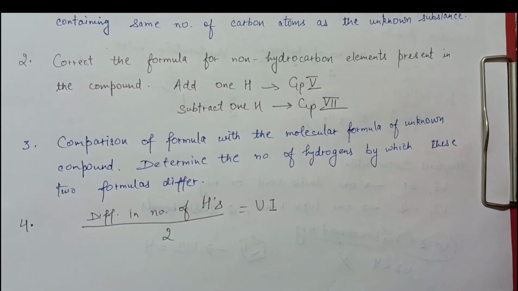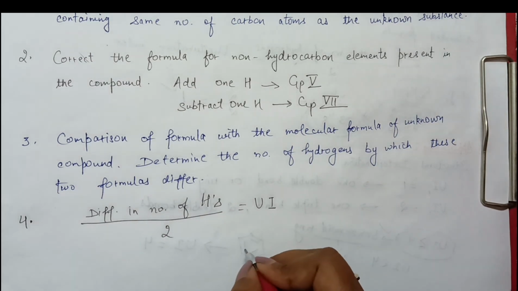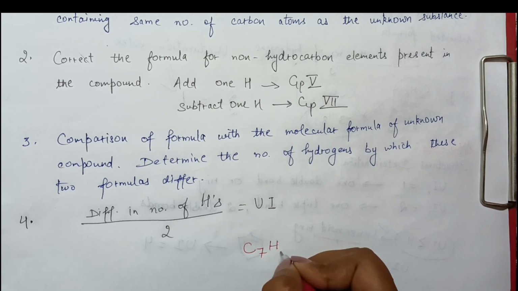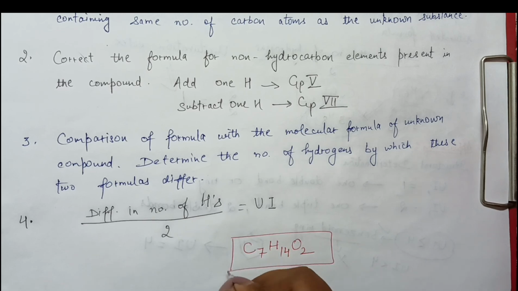So now I'm going to give you one molecule, and please try to find out the unsaturation index for that molecule, and we will discuss that particular molecule in the next video. So the molecule is C7H14O2. Just try to find out the unsaturation index.